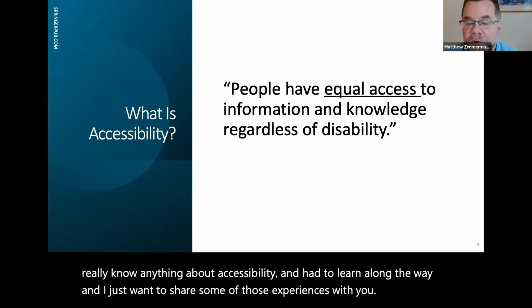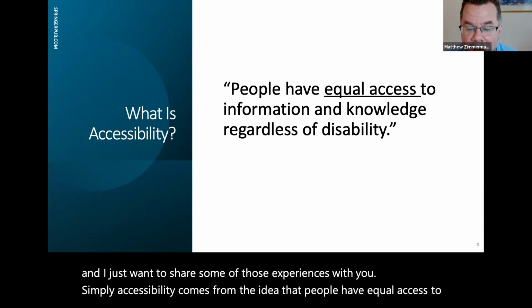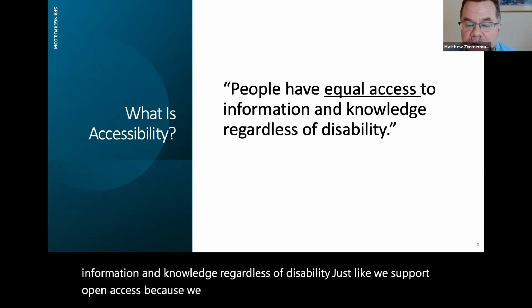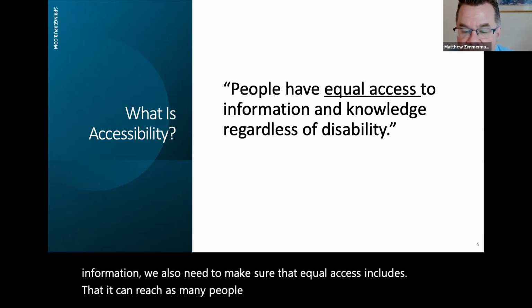Simply, accessibility comes from the idea that people have equal access to information and knowledge, regardless of disability. Just like we support open access because we think people should have equal access to information, we also need to make sure that equal access reaches as many people as possible, regardless of disability.